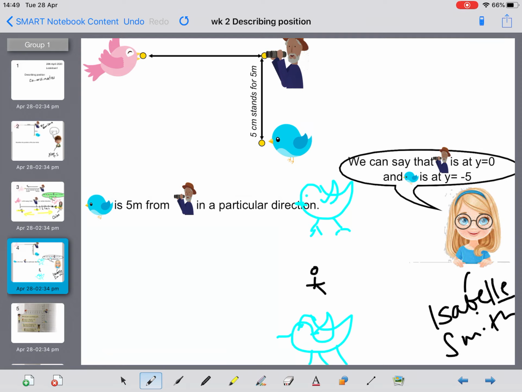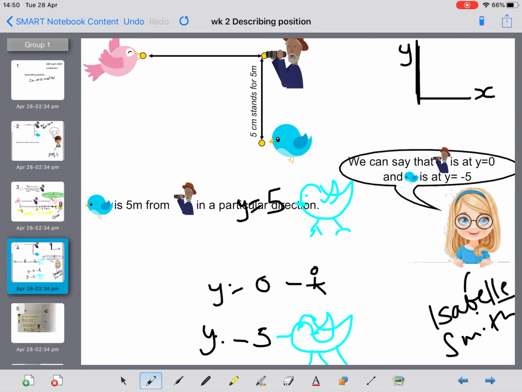And the y-axis, don't forget, on a grid, this one's x and this one's y, so the y-axis is the one that goes up and down. So he's on the y-axis, he would be at -5 away from 0, and he would be at 5 if Mr. Beanland were in the middle. Okay? So Isabel's telling us that on the y-axis, he's at 0, so y equals 0, y equals -5, y equals 5.